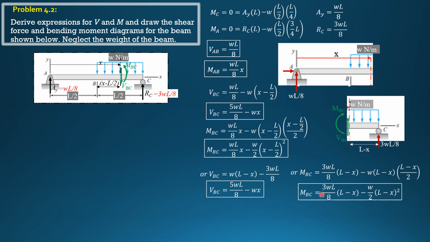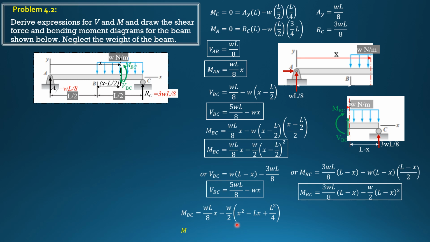They are equal. Let me do the algebra. So MBC, let's expand this. WL over 8 x minus W over 2 times quantity x squared minus LX plus L squared over 4. That's the expansion. So WL over 8 x plus WLX over 2.